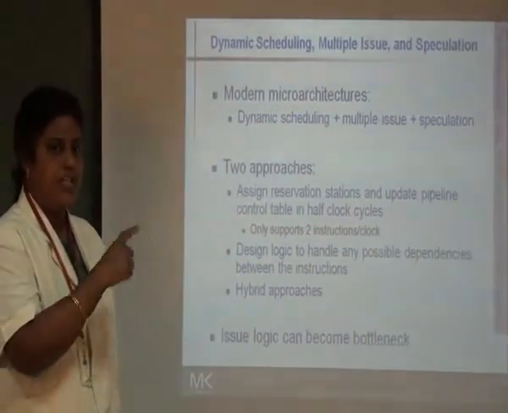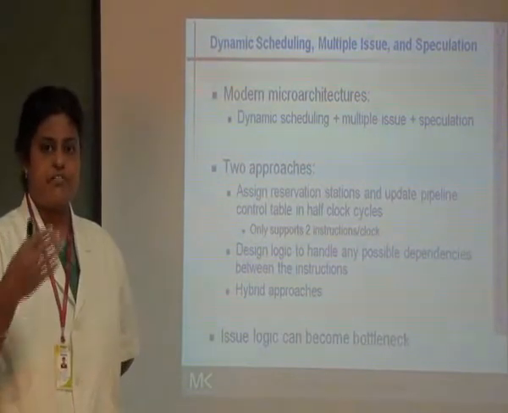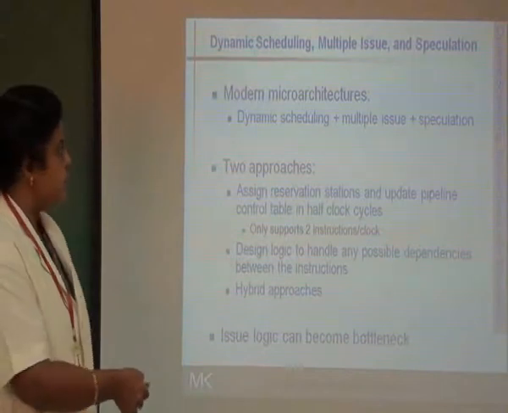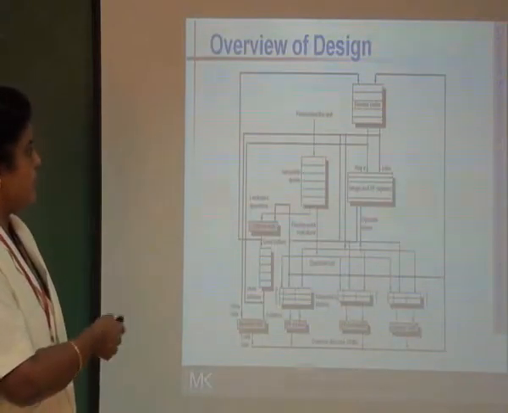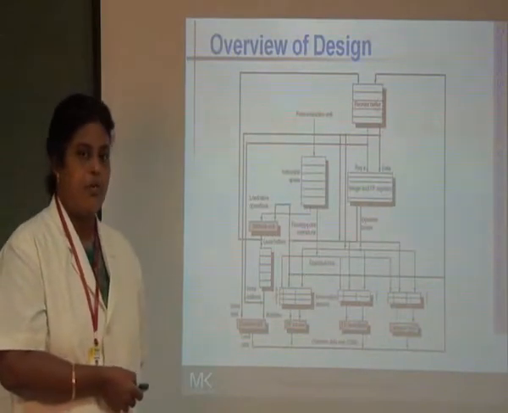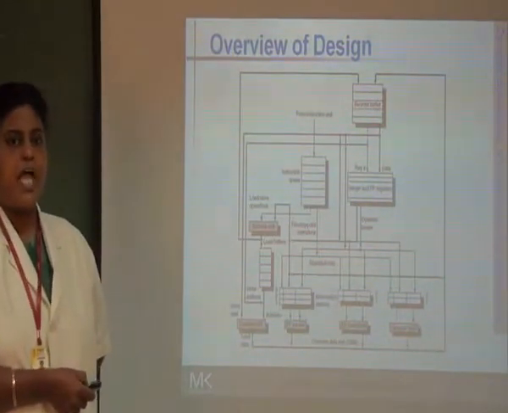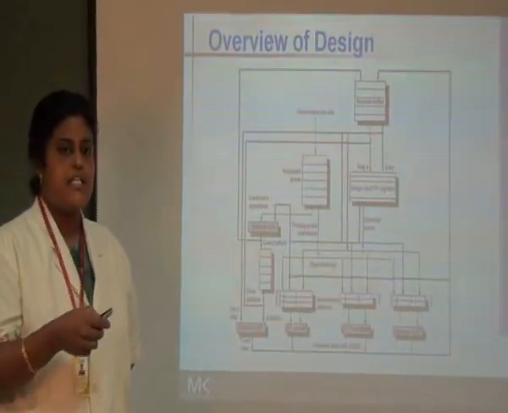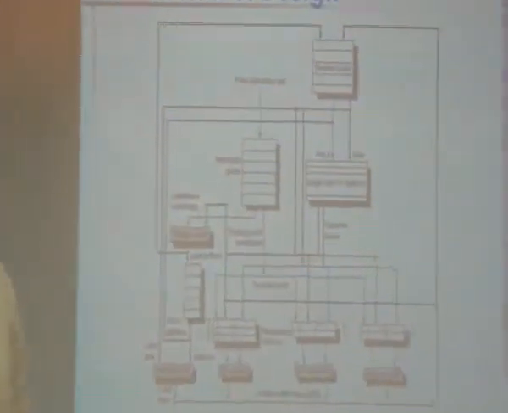By considering all these three processes, if you modify the Tomasulo's approach, this is the block diagram you get. This is the overview of the design of a processor which follows the Tomasulo's approach and also incorporates dynamic scheduling, speculation and multiple issue.